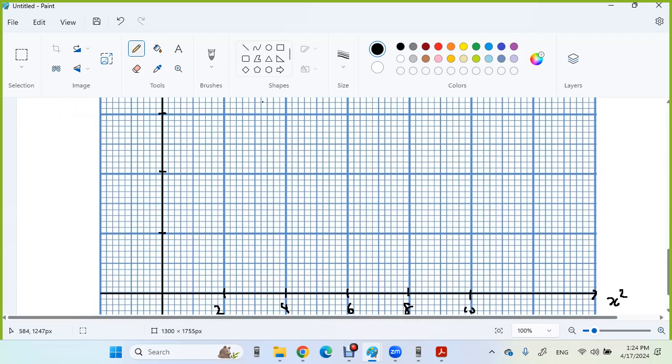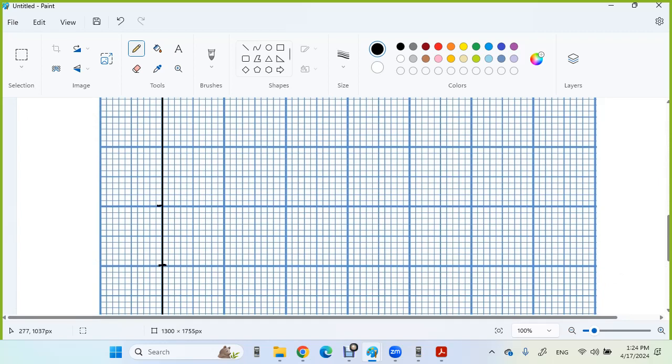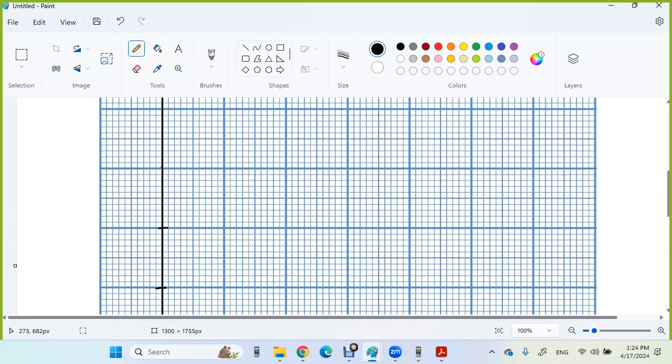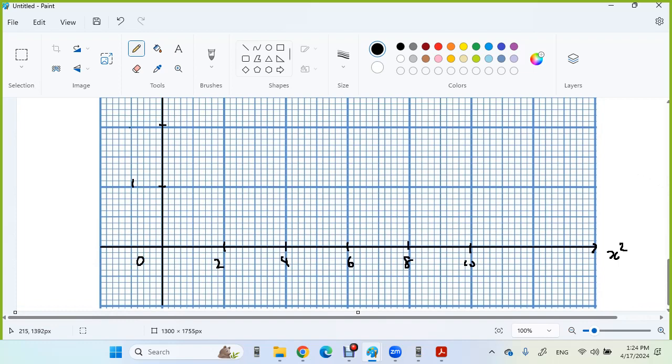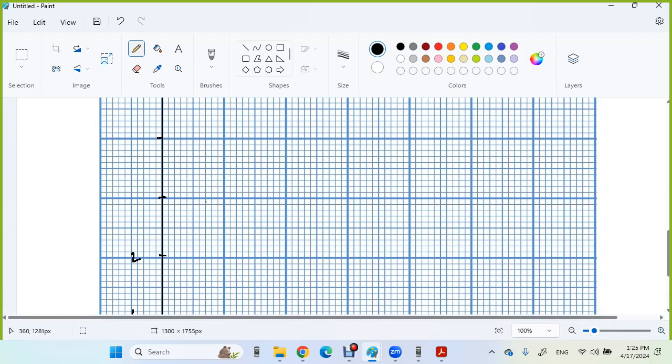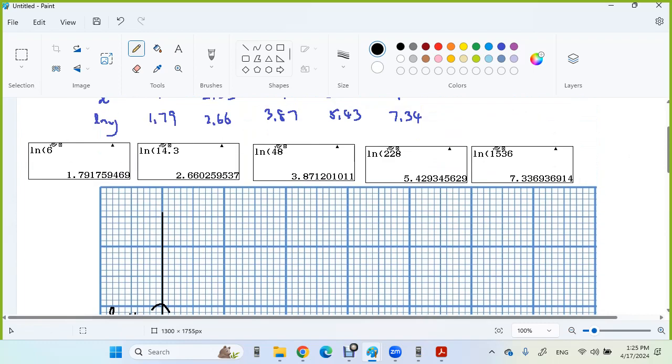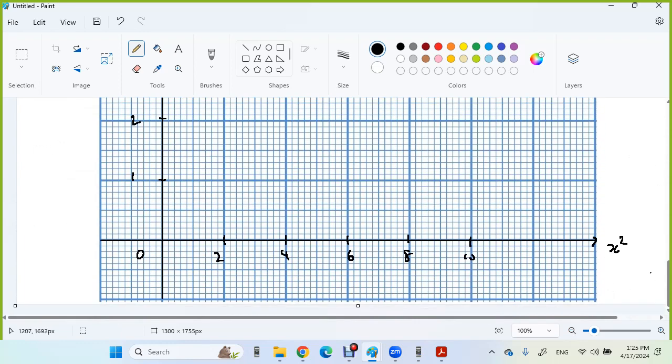For this one it is ln y. So we have 0, 1, 2, 3, 4, 5, 6, 7, 8. So we have 1.79, which is about 1.8.